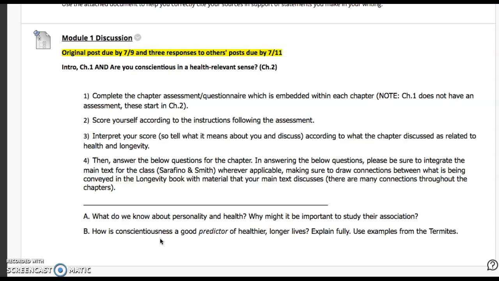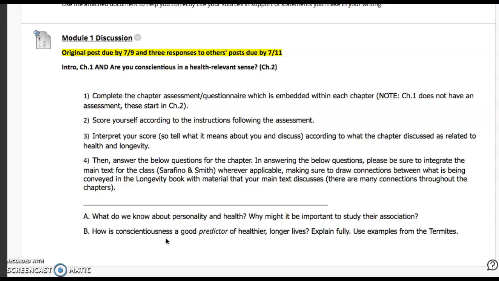For this first week, it's kind of like getting you acquainted with the book. If you find any ways to integrate the Serafino and Smith main chapter into answering these questions, that is a bonus. I really love to see that. That's like a top-notch post. Each week, it's up to you to find ways to integrate some of what you're reading in the main chapter.